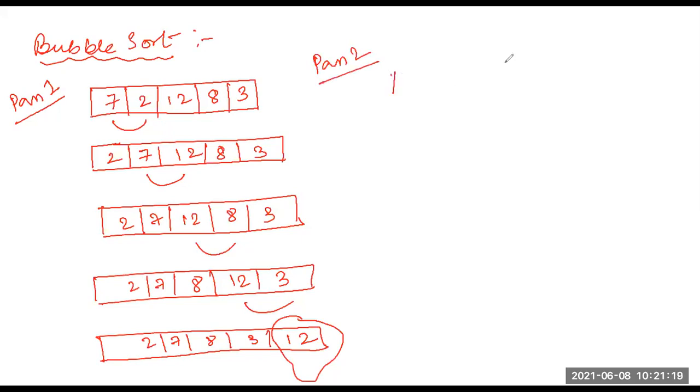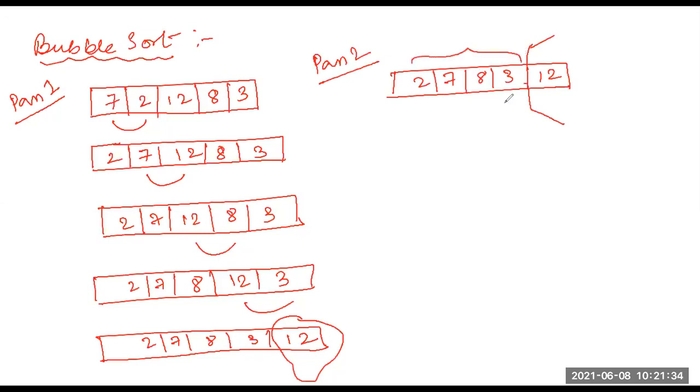In iteration 2, I will not emphasize my entire array. Leaving this already sorted part, I will only focus on this part of the array. I will compare 2 and 7. 7 is the larger one, already at the right position.